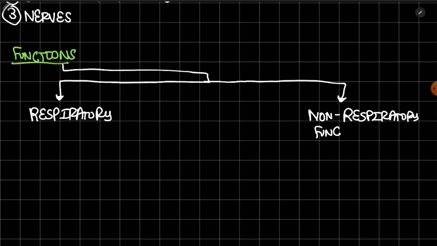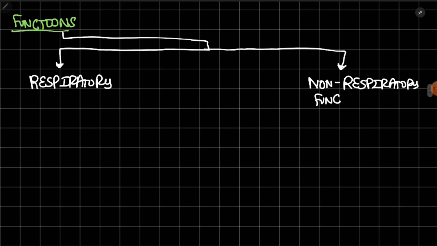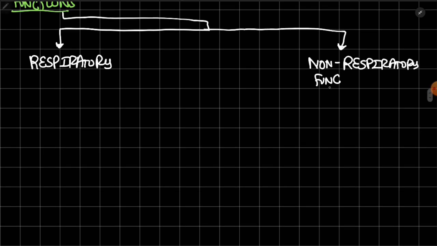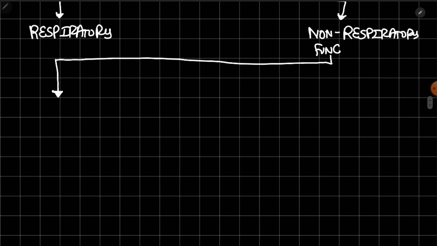So what are the non-respiratory functions which the respiratory system does? The first and foremost non-respiratory function is filtration.